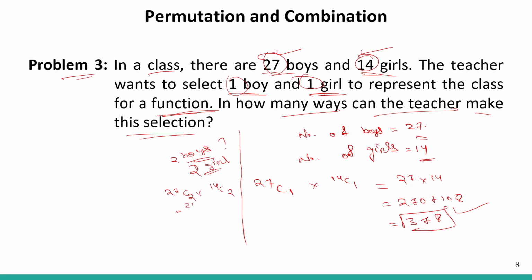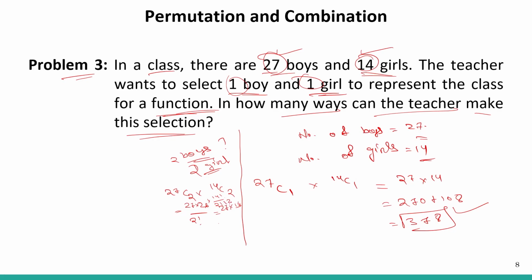So it will be 27 into 26 by 2 factorial, into 25 factorial, and 25 factorial will be cancelled out. So we are left with 27 into 13, multiplied with 14 factorial by 2 factorial into 12 factorial.